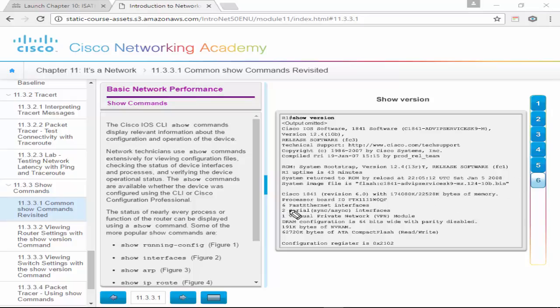It shows us how much RAM we're using, what we have for fast Ethernet interfaces, what we have for WAN interfaces. This one has a VPN module. It shows us all kinds of stuff about our system. But the most important is probably how much RAM we're using and how much RAM we have, how much flash we're using, and how much flash we have. Okay, so that's show version.